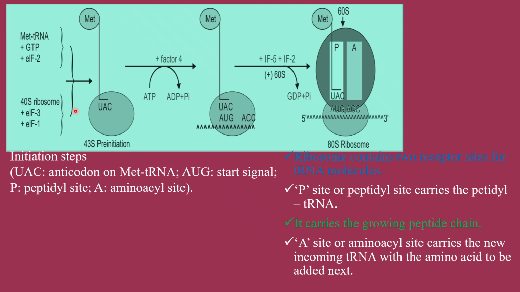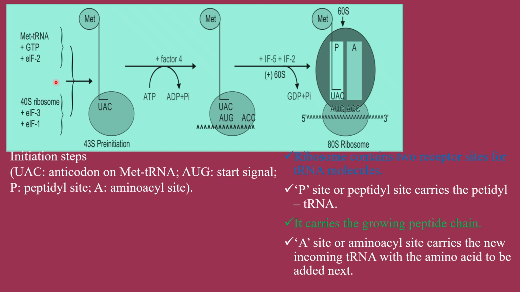Then binding of messenger RNA to the PIC to form the 43S pre-initiation complex. And then finally the 43S PIC combines with the 60S portion of the ribosome subunit to form the complete 80S assembly. That is the 80S ribosome.